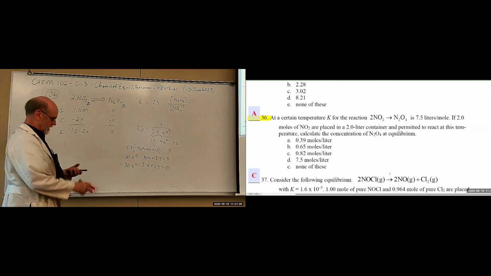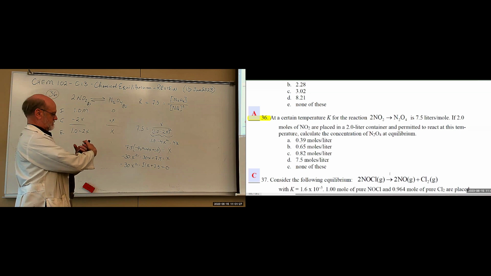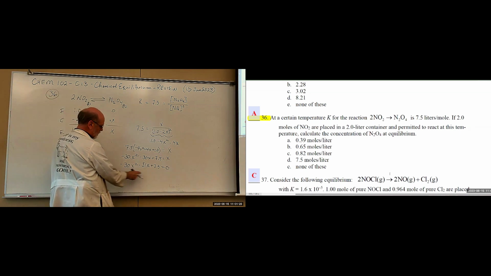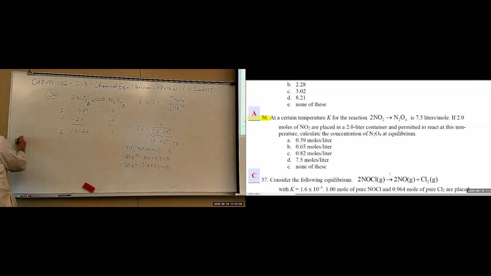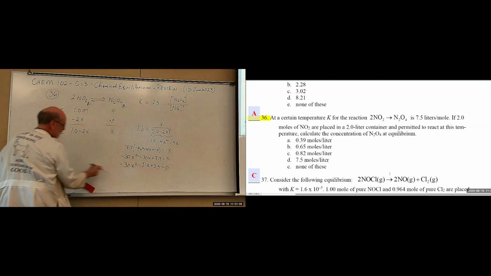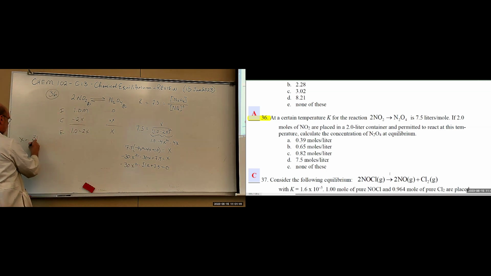Now we need our quadratic equation right here. This is the A term, this is the B term, this is the C term. So x equals minus b. Minus of minus 31 is plus 31.